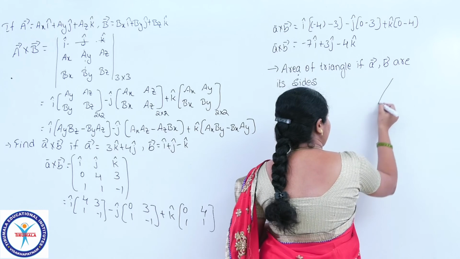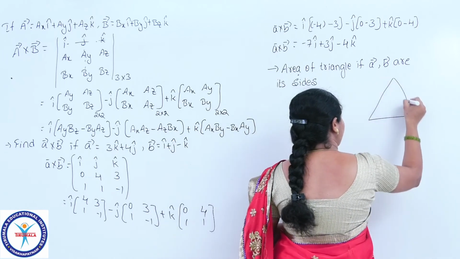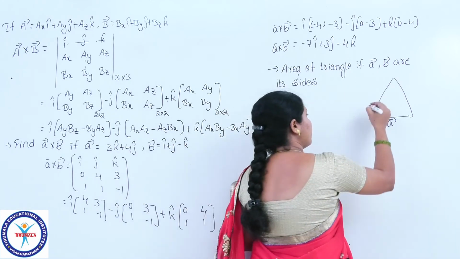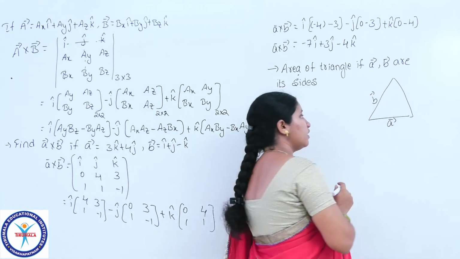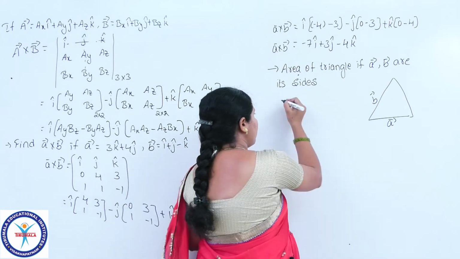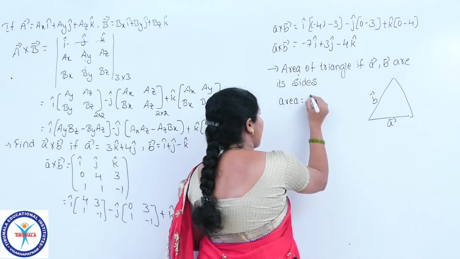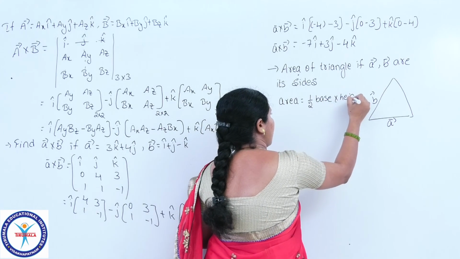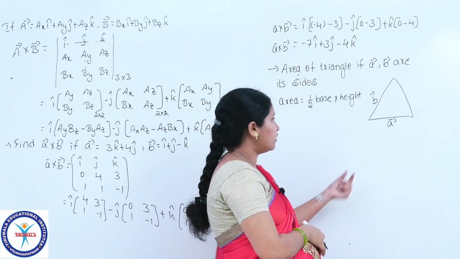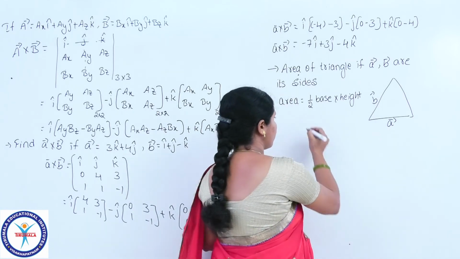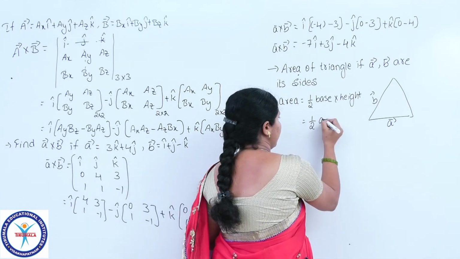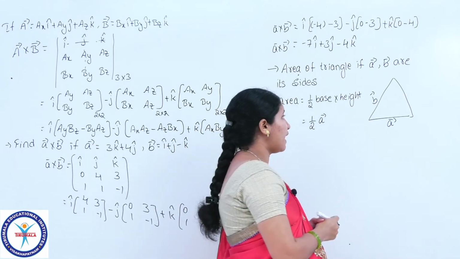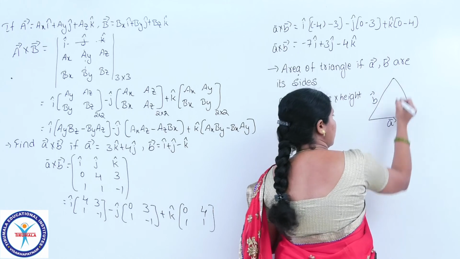We are taking a triangle. A bar is the base of the triangle and b bar is another side of the triangle. Already we know the area of triangle formula, half into base into height. Here base is a bar, so half a bar into, we need to find out the height. Height means from the vertex to the base.